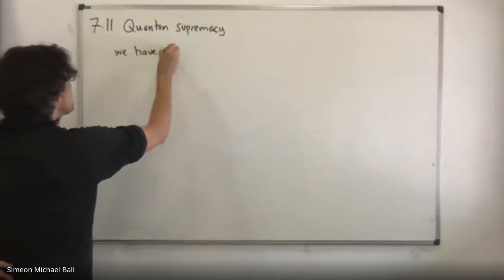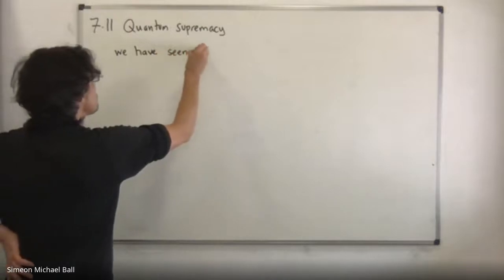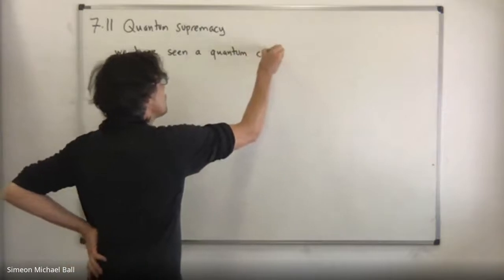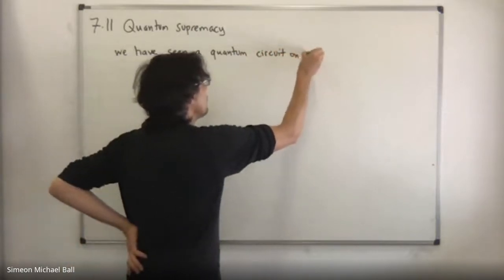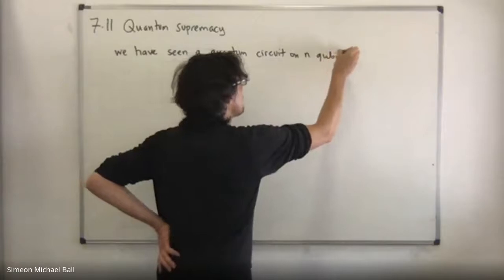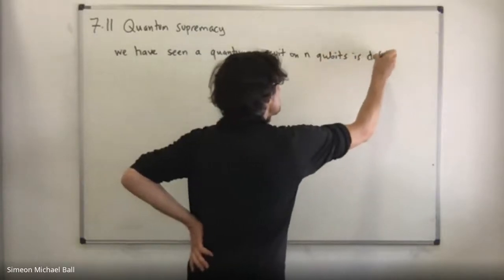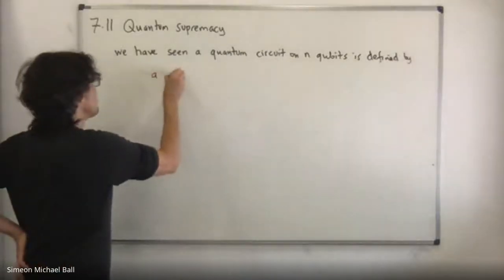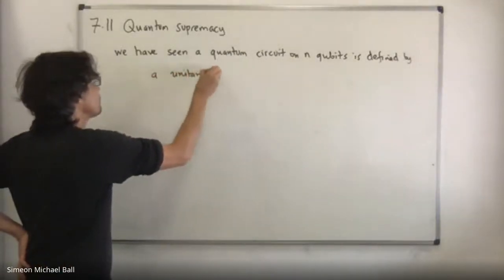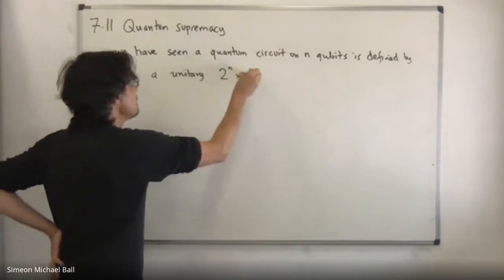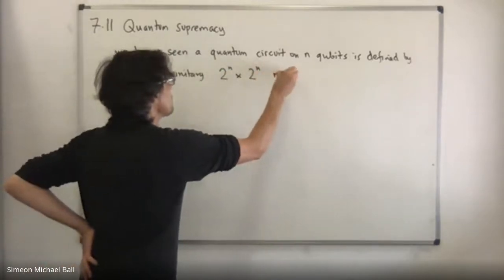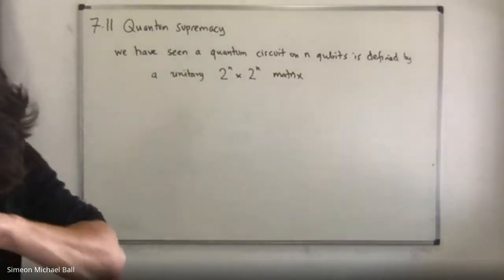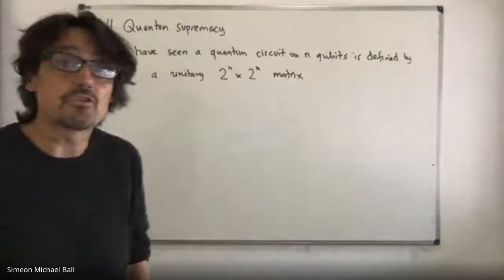So we've seen a quantum circuit on n qubits is defined by a unitary matrix. And this is a huge matrix.